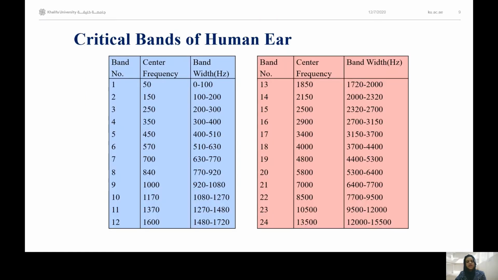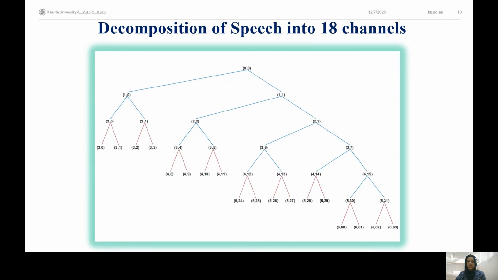These are the critical bands of the human ear. We are referencing these critical bands for the design of the wavelet packet transform cochlear filter bank. Here I have given a demonstration of the 18-channel wavelet packet transform decomposition. The input signal at node 00 is passed through a low-pass filter and a high-pass filter.